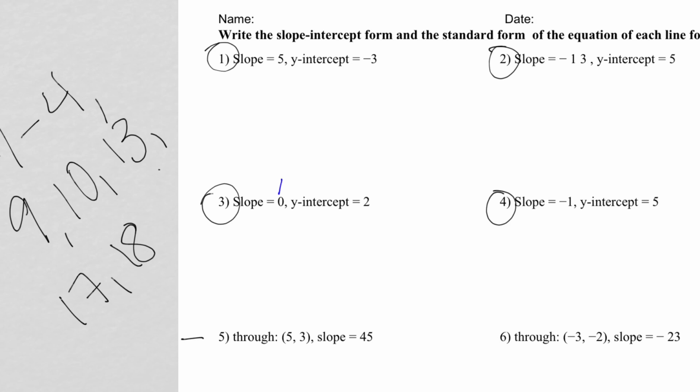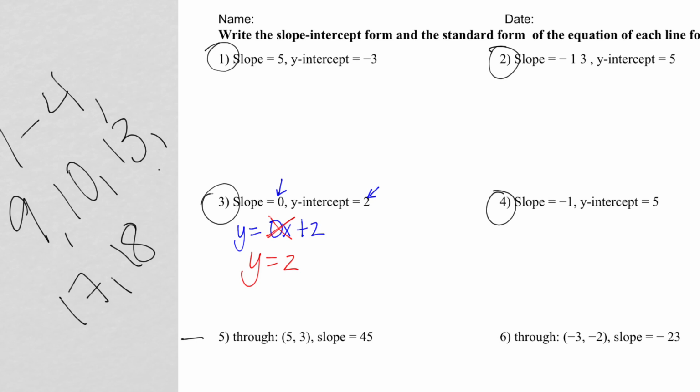So my slope is 0, and my y-intercept is 2. So that's my b. So we're going to say y equals 0x plus 2. So we can just get rid of the 0x. And our final thing will be y equals 2. So that means that line has 0 slope.